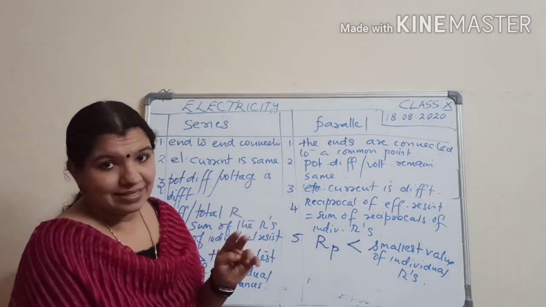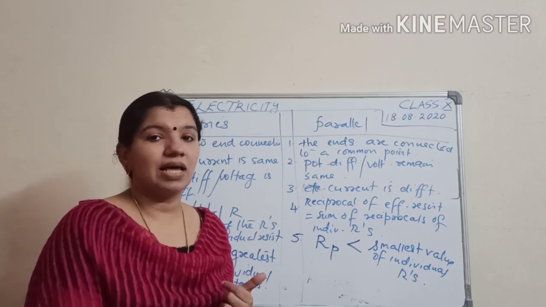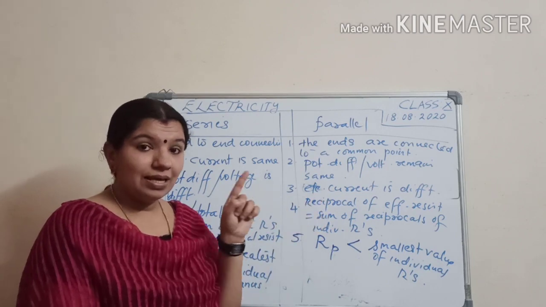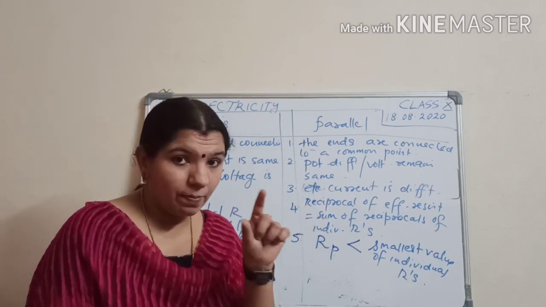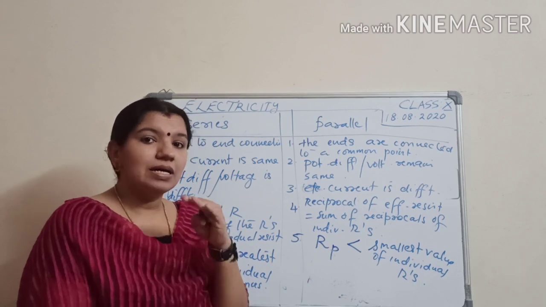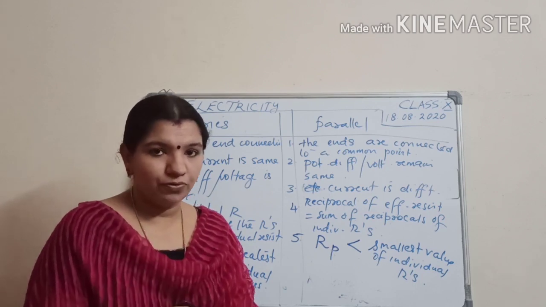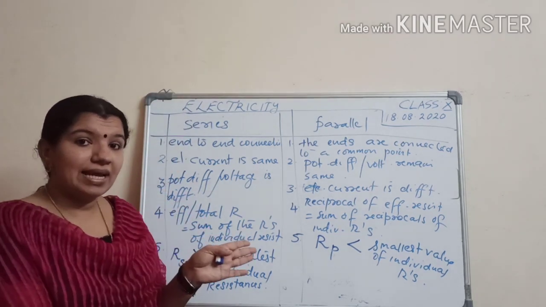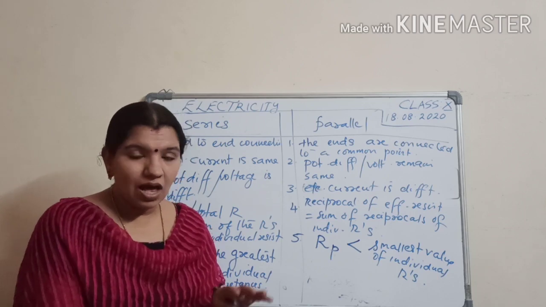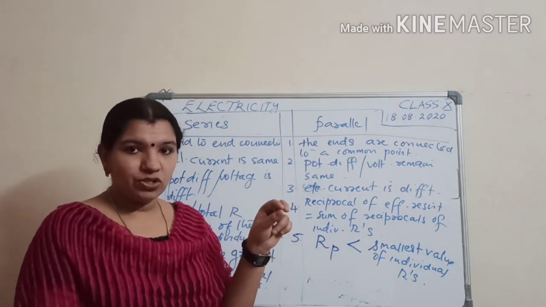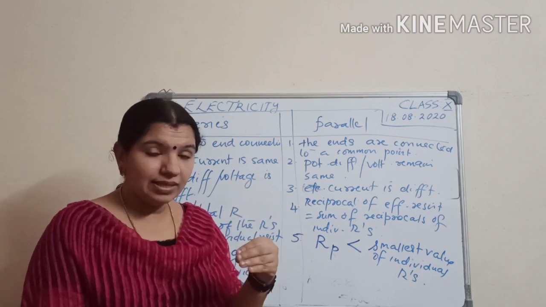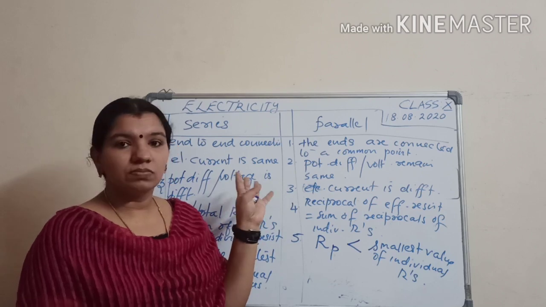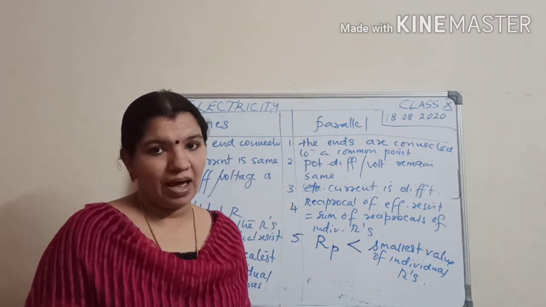Next, the total resistance in series connection is the sum of the individual resistances, whereas in parallel connection, the reciprocal of the effective resistance, that is 1 by R, is equal to the sum of the reciprocals of each resistance. In series, the effective resistance is always greater than the greatest individual resistance. But in parallel connection, the effective resistance will be smaller than the smallest individual resistance. So, these are the points to differentiate between series and parallel connection.